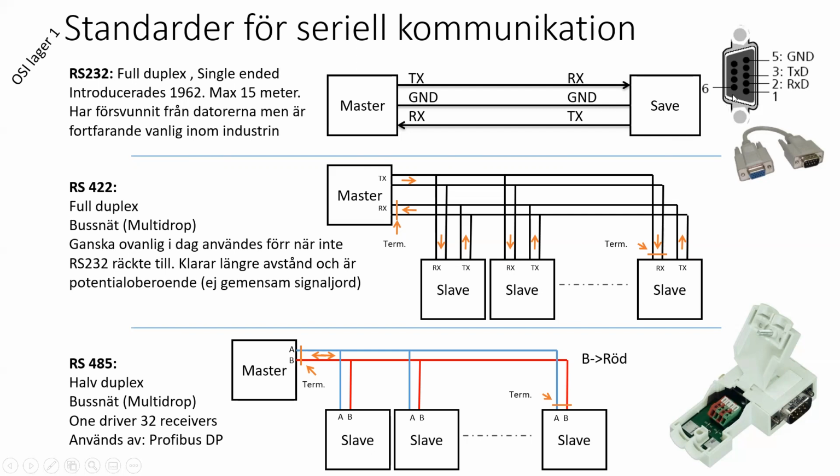It was used to connect mouse and keyboard, and also as a general communication technique for all kinds of systems, and it was widely used in industry. So you have a transmitter and receiver and a ground. It's a very simple way of connecting systems, so it's 3 wires and you get communication.